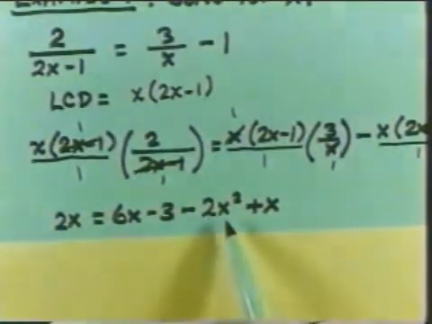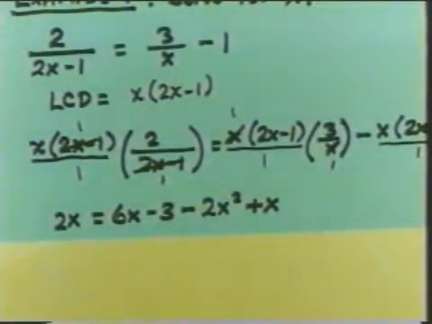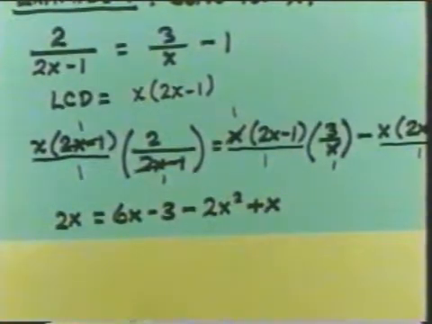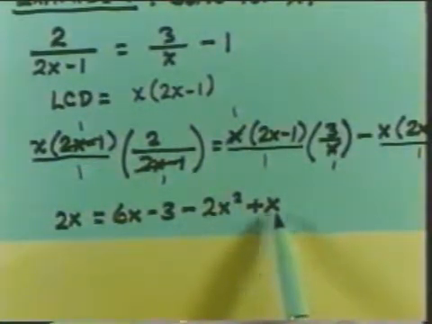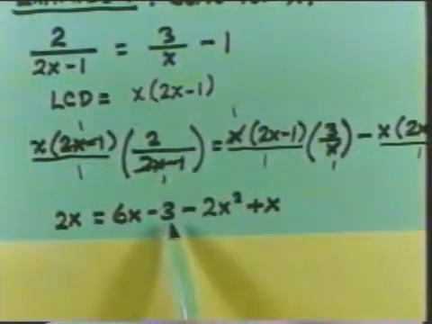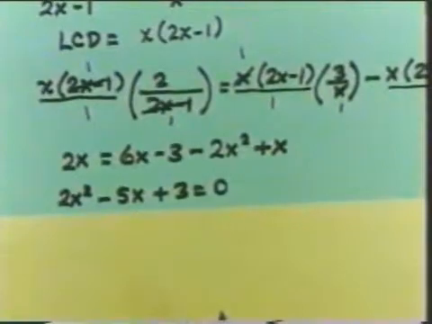And so let's get the x squared term to the left, the 6x, the 3, and the x to the left, and the negative 2x squared added to both sides will give us plus 2x squared. We have 6x plus x, 7x to be subtracted from both sides, and we have negative 3 on the right, so we'll add 3 to both sides. This gives us 2x squared, subtract 5x, add 3.